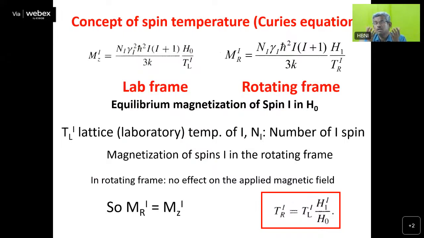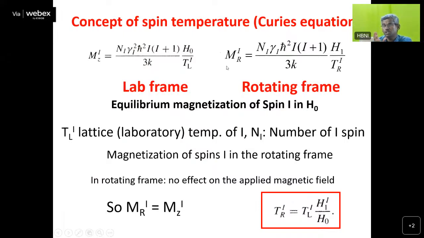The moment you say 400 megahertz, it means the proton frequency is 400 megahertz. The magnetic field is fixed, gamma I is fixed, I is fixed, I is plus half. So the lattice temperature, the laboratory frame temperature, denoted TL, is room temperature, and you can calculate the magnetization of I very well.